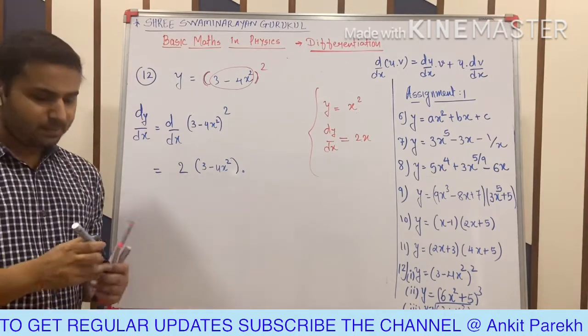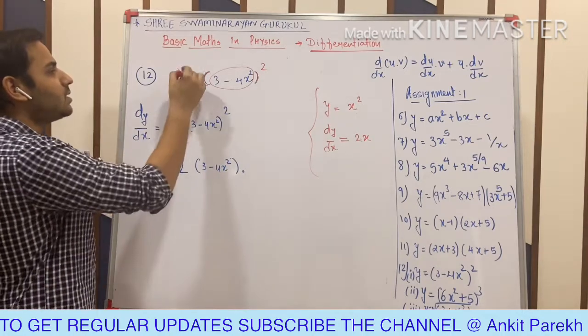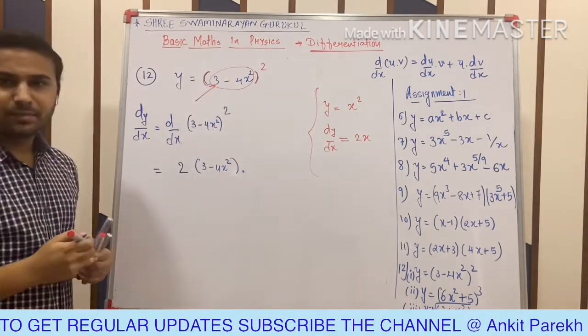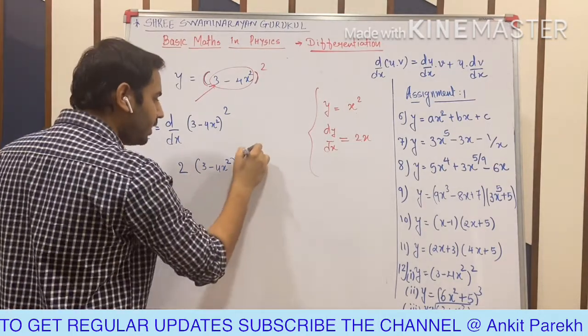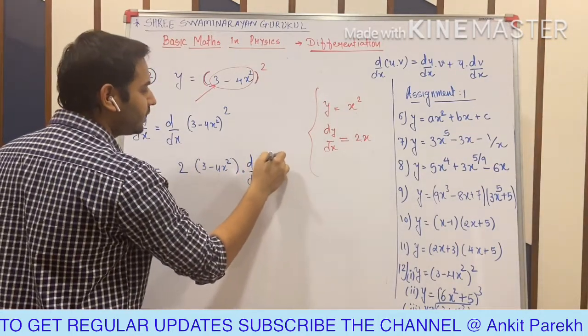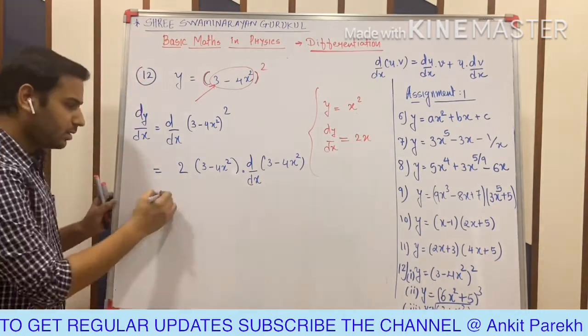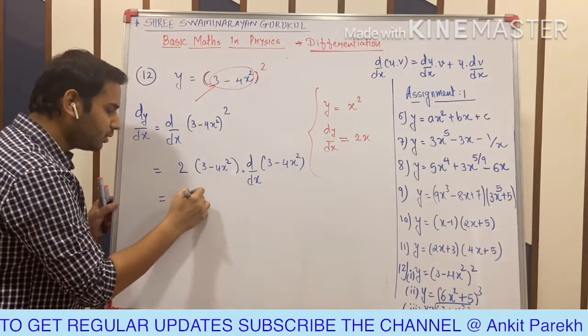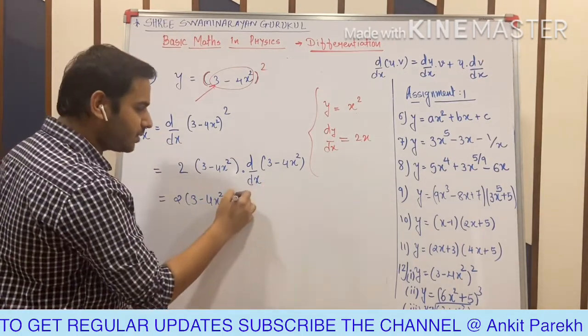What is chain rule? After doing this thing, let us jump into the bracket and differentiate the bracket. What is that? d by dx of 3 minus 4x square. Understood? Okay, this 2 into 3 minus 4x square as it is. Then differentiate this.